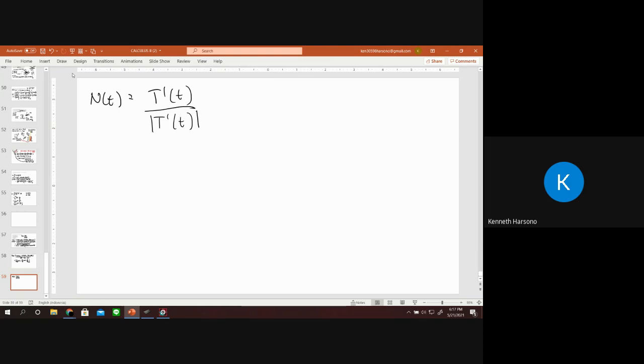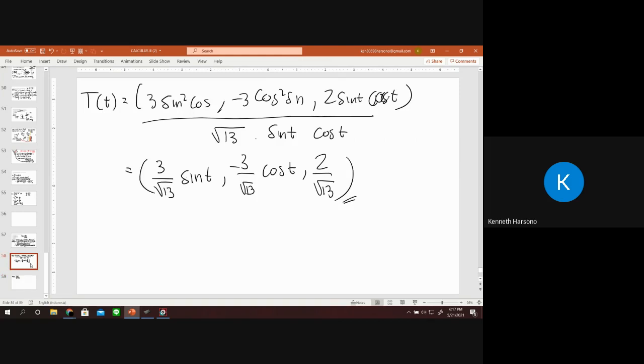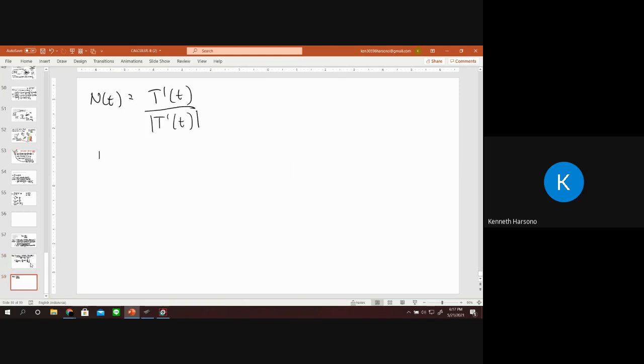So we can just differentiate this one, the T. The derivative of T is 3 over square root of 13 cos t and 3 over square root of 13 sin t and 0. Right, the sign is okay.